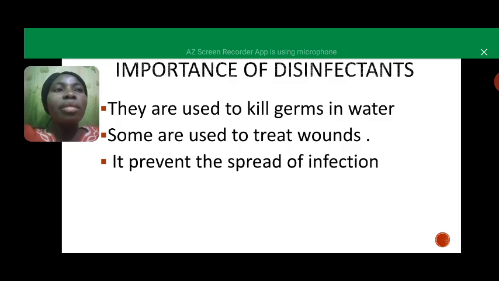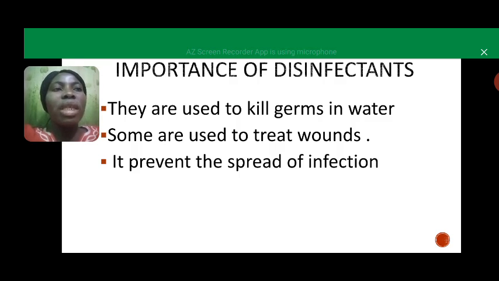Okay, so like I said, they help to prevent the rate at which diseases or infections are being spread from one person to another. So these are the importance of disinfectant.